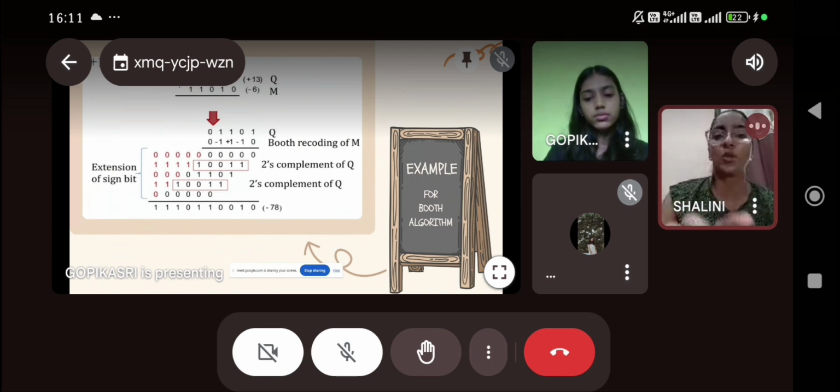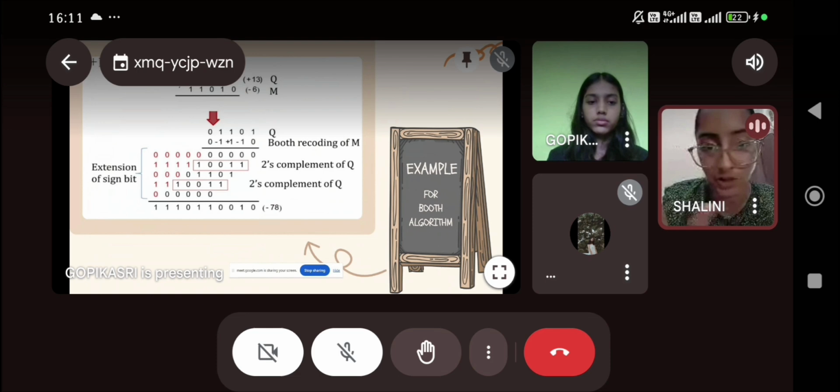So taking m as minus 6 and q as plus 13, we will be taking the Booth's recoded multiplier value for minus 6 and multiplying it with the original q value, which is plus 13's 5-digit binary number. So 01101 into 0 minus 1 1 minus 1 0.